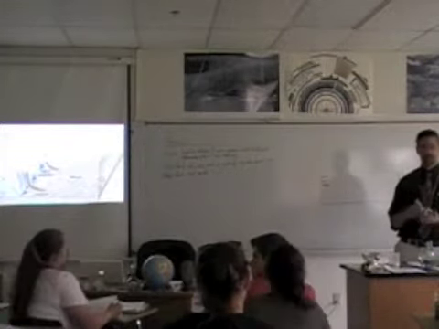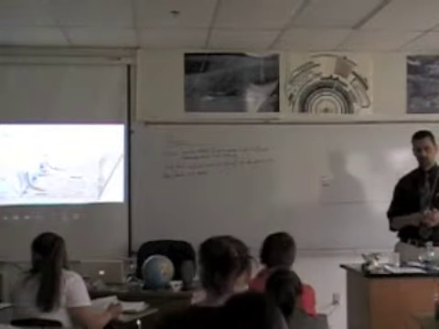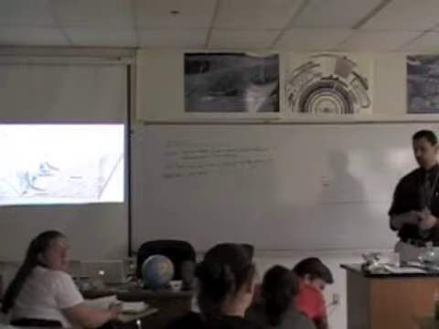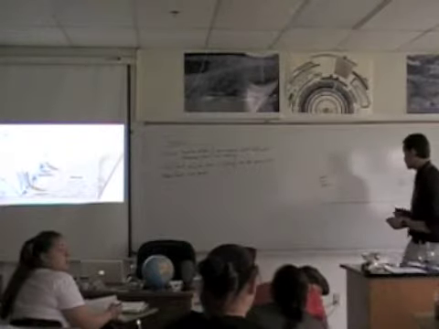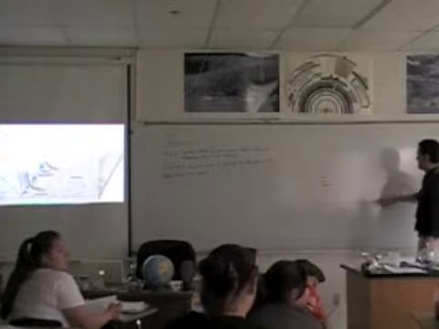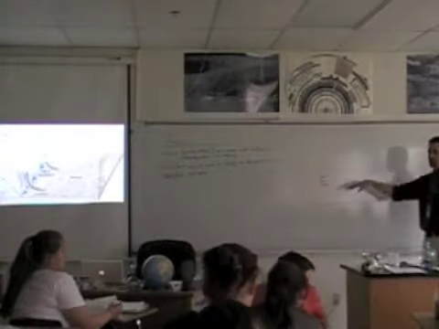Think of anything we've done with density and stratification this year. Things that are dense end up on the bottom, like the cup with the syrup and so forth. And things that are less dense end up on the top. So what's going to happen when the cold air mass and the warm air mass meet, especially if the cold air mass is pushing into the warm air mass, it's going to wedge underneath it.